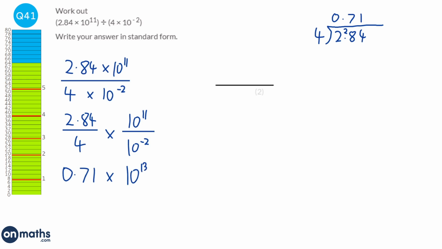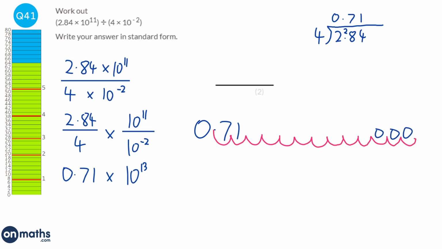Now we've got a bit of a problem here, because standard form must have a number between 1 and 10, and not including 10 at this position here, and this is obviously less than 1, so we need to convert this into standard form. So what we can do is just write the number out again. So I'm going to write this as an actual number, so it's 10 to the power of 13, so it'd be 1, 2, 3, 4, 5, 6, 7, 8, 9, 10, 11, 12, 13.